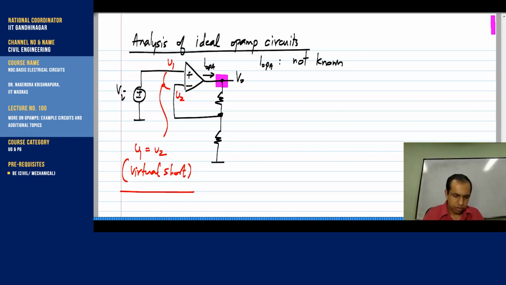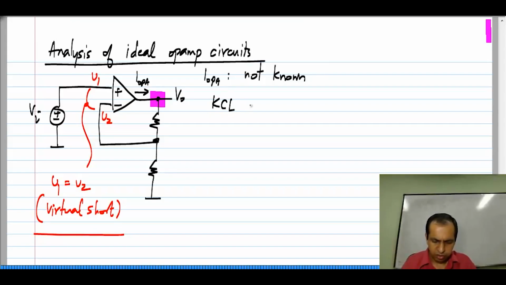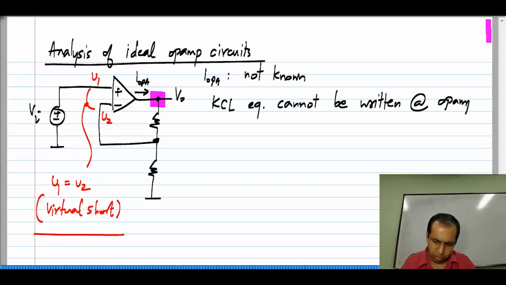So, bottom line is KCL equation cannot be written at op amp output. So, for each op amp, so far we have been considering only circuits with a single op amp. If you have multiple op amps, the principle is the same.